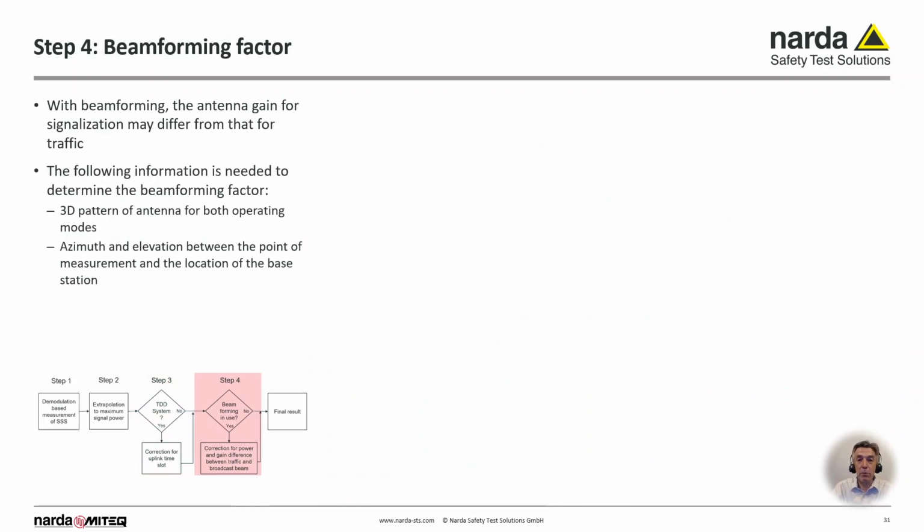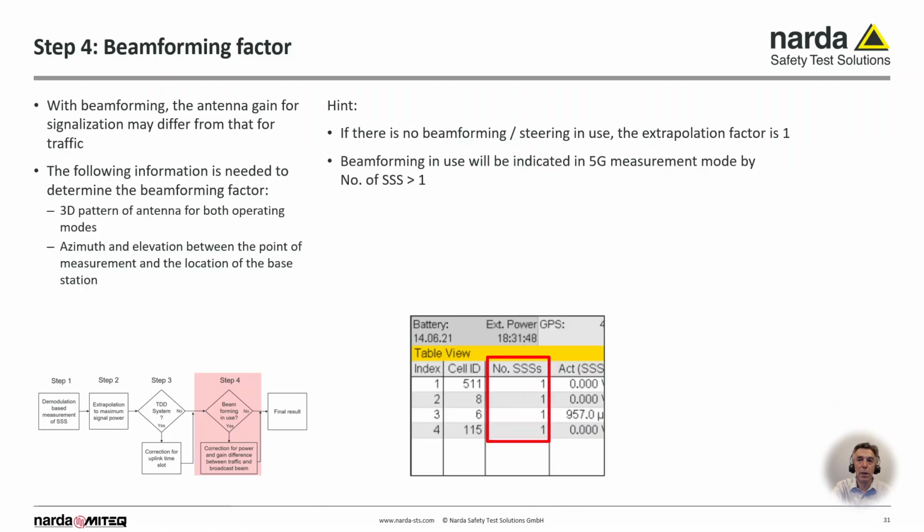A beamforming factor is a more difficult one. If there is no beamforming or steering on air, the extrapolation factor is again simply 1. And you can see it already on the SRM if beamforming is active or not active. So if beamforming is active for the traffic signal, normally it's also switched on for the signalization.